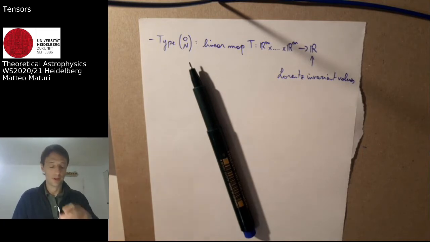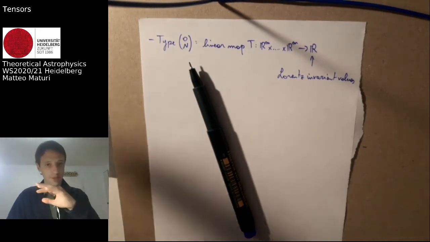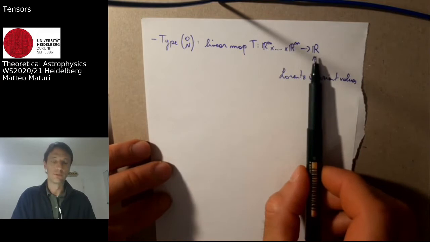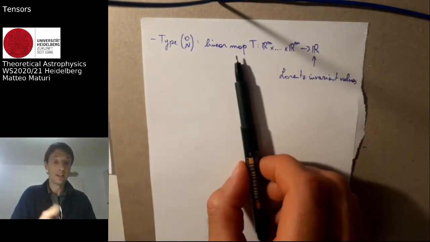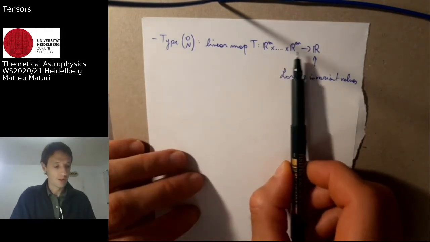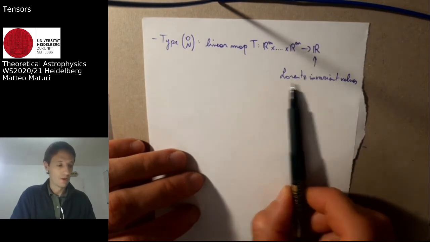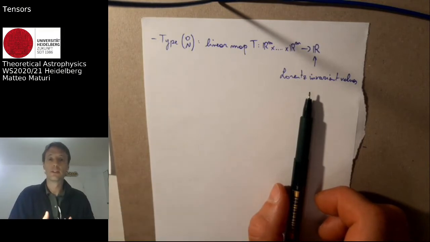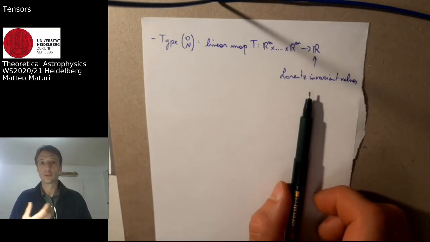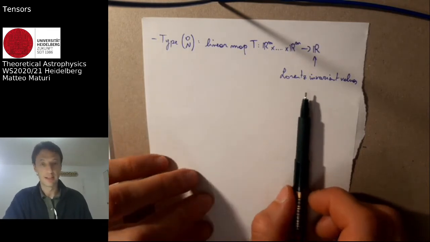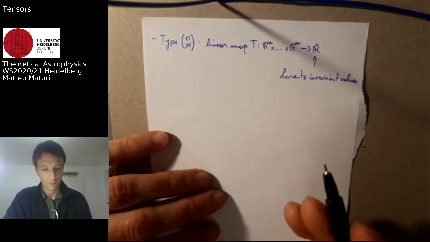So we are going to deal with tensors that are linear or multilinear mappings: as input they take more vectors, and they return Lorentz invariant values, because Lorentz invariant values carry the physical quantities associated to objects. They are intrinsic properties, the same for everybody, no matter the frame of reference of the observer.